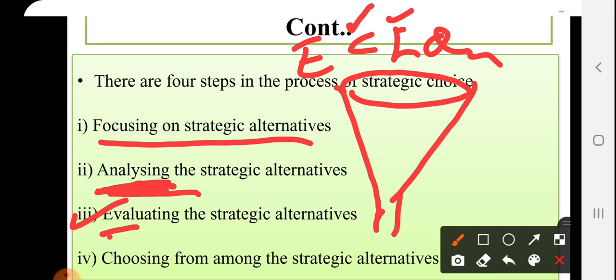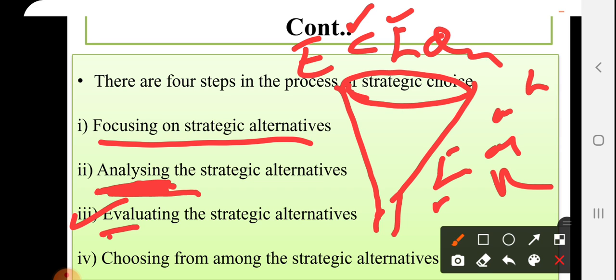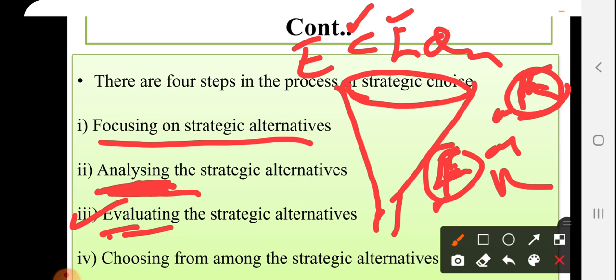For concentration, what kind of concentration? Either go for market development, market penetration or product development, or under integration go for backward, forward or horizontal integration. Within this the company will evaluate, and forward integration and market development are unfeasible for us, so the company will choose among the remaining ones.